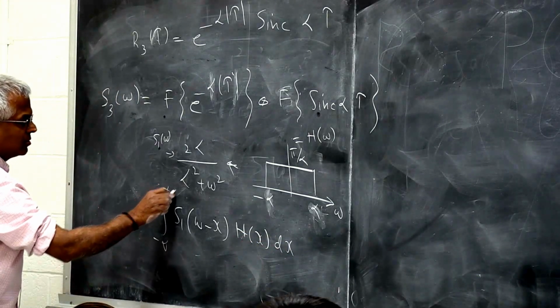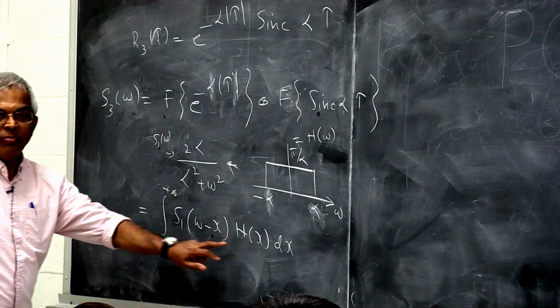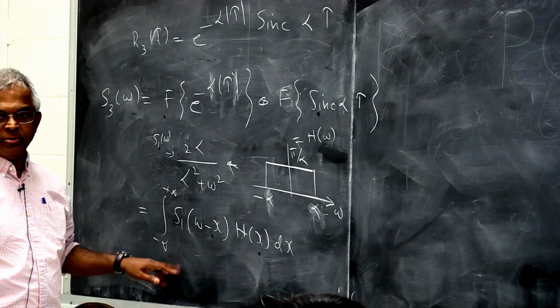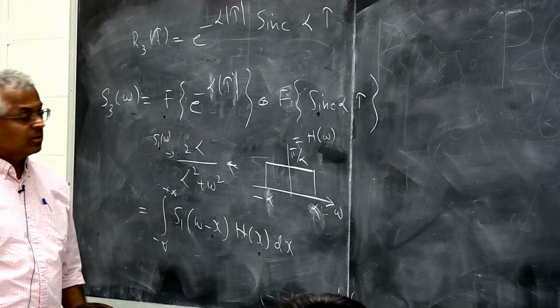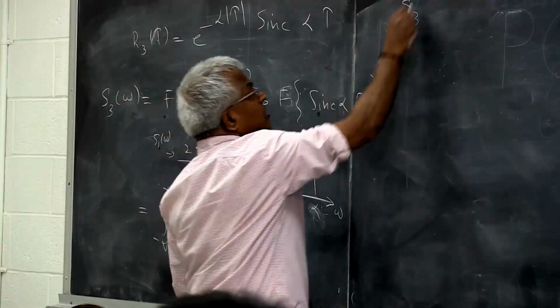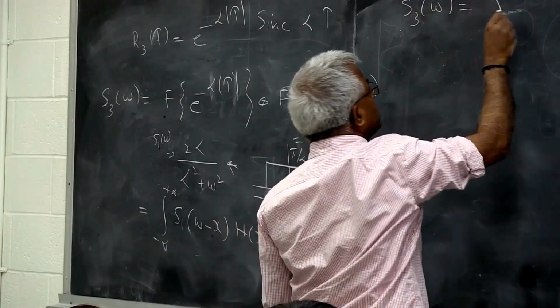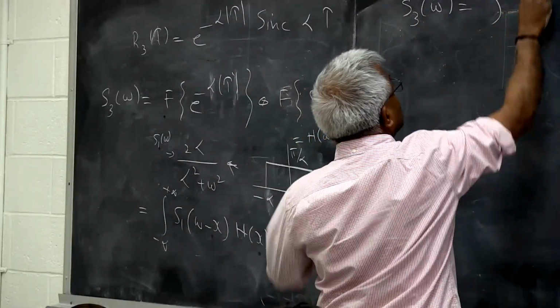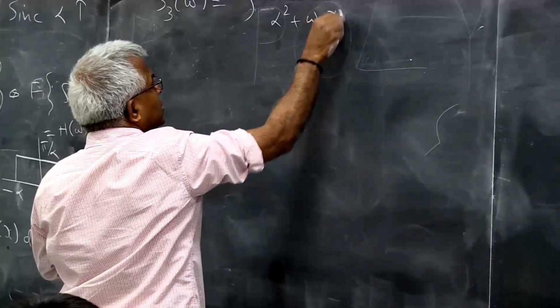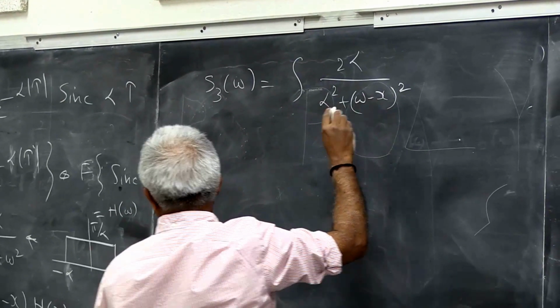In general, like this. This x is just a dummy variable. I could put tau here, but I don't want to confuse you. So S3 of omega would be 2 alpha over alpha squared plus omega minus x the whole squared.